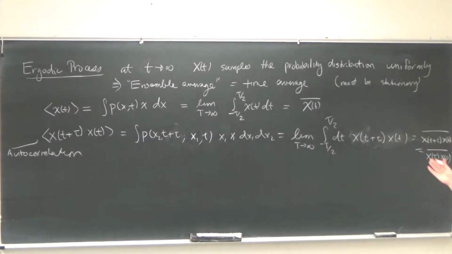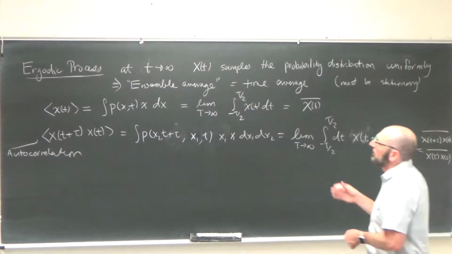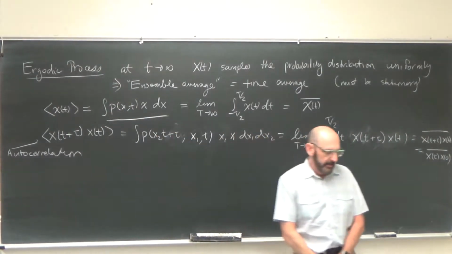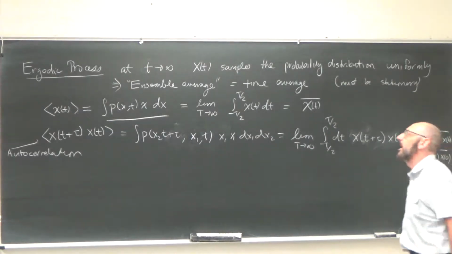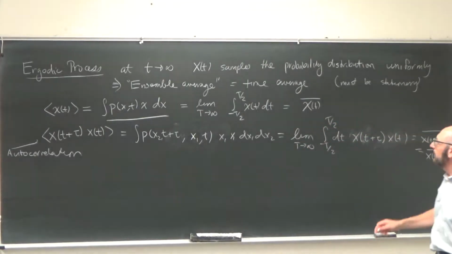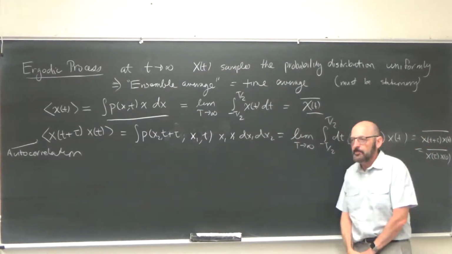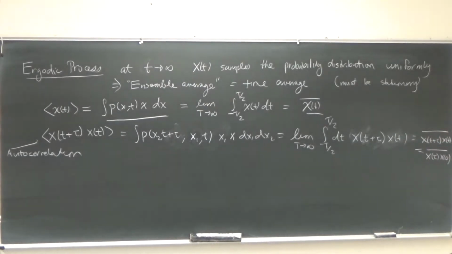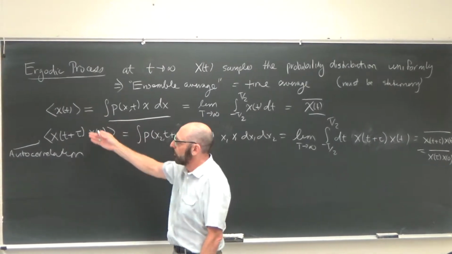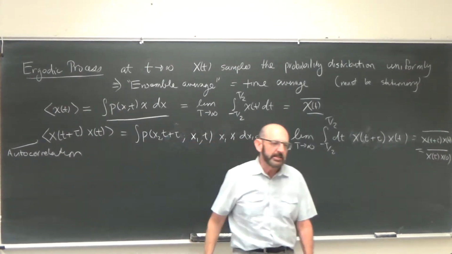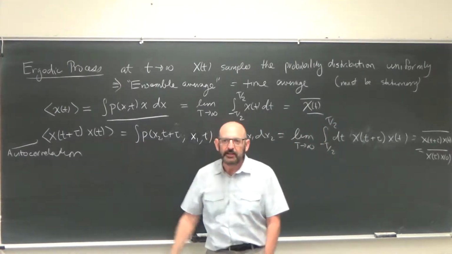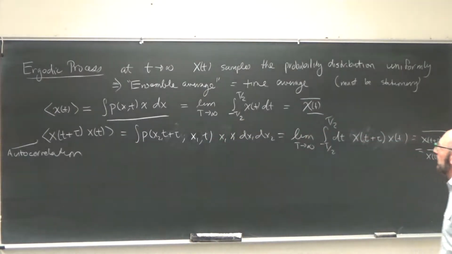So ergodic processes are ones in which, instead of calculating the expectation value, sometimes called the ensemble average, we instead can calculate a time average. Here are two examples of a so-called one-point correlation function or a two-point correlation function, sometimes called the autocorrelation function, something we'll study a little bit more soon.